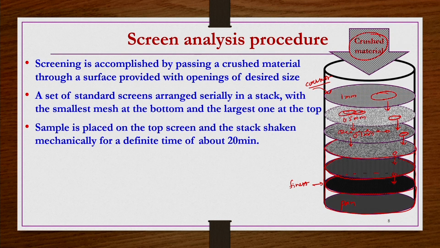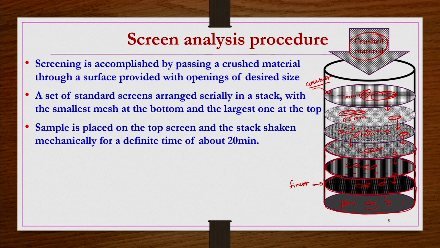Like that, depending on the sample and the size opening, each fraction will have some material collected. Sometimes it is possible that, based on the sample, one particular screen will not have any material. In this case, if your sample does not have any particles more than 1 mm in size, you will not have any material on the top screen, because all the particles are less than 1 mm.